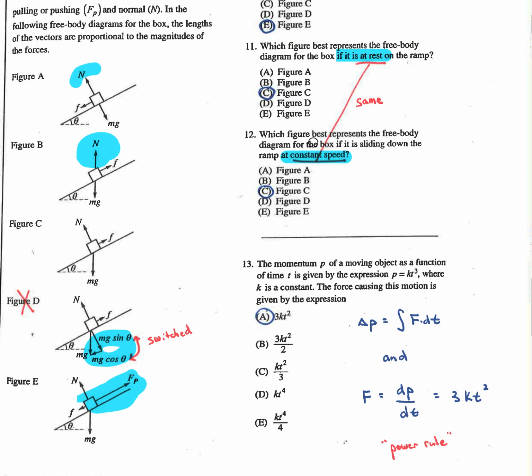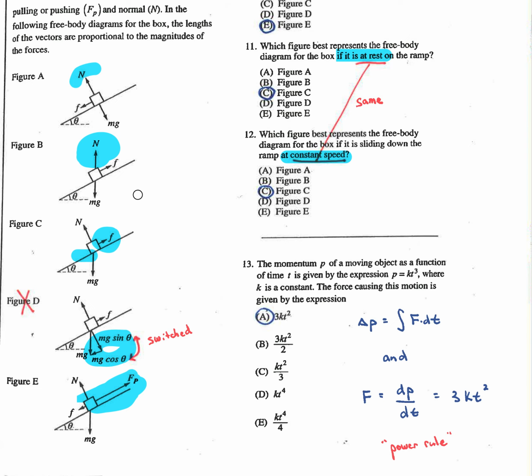So you cannot tell the difference between something at rest and something moving at constant speed based on a free body diagram. And if we look at C, we get a nice balance, right? Friction is up, mg sine theta would be down. If those things are balanced, it will be moving at a constant speed, or it'll be at rest.